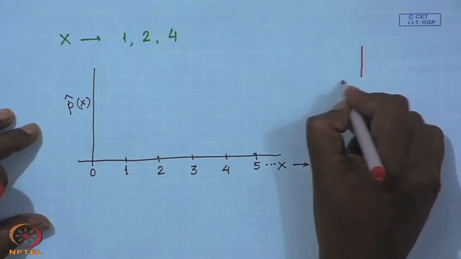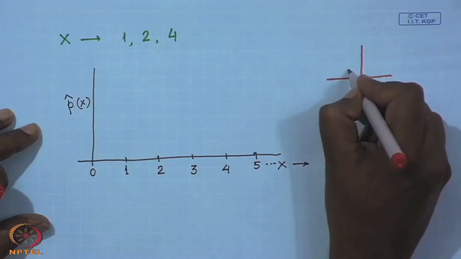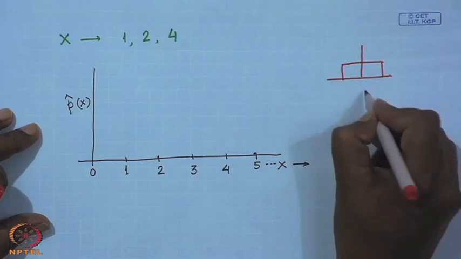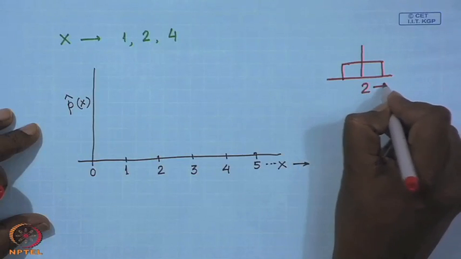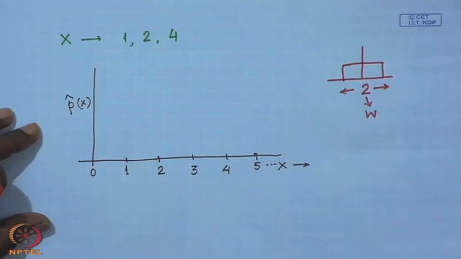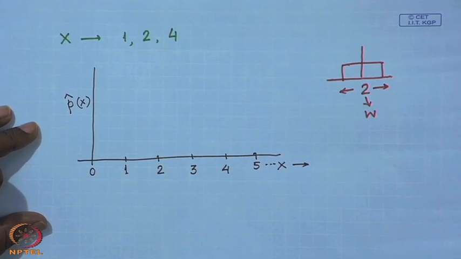So, I use a rectangular window, and the width of the rectangular window I assume to be 2. So, this is my width W. And as I said before, because I have got 3 such samples, the area of each individual window has to be 1/3. Okay.